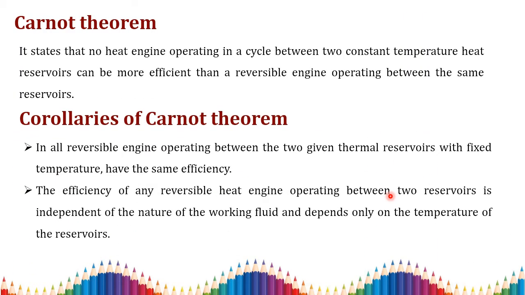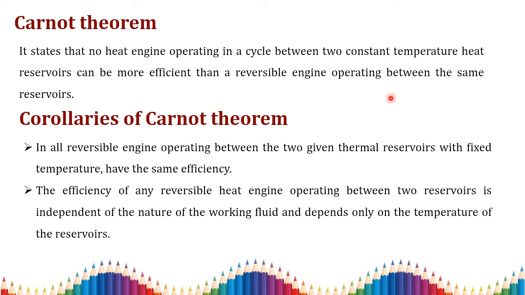Then we move on to the Carnot theorem. The Carnot theorem or Carnot cycle says that of any heat engines operating between two constant temperatures, a reversible heat engine will be the most efficient, producing the maximum efficiency. Then we have some corollaries of the Carnot theorem.